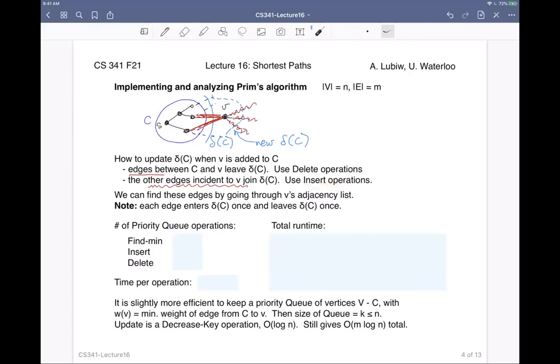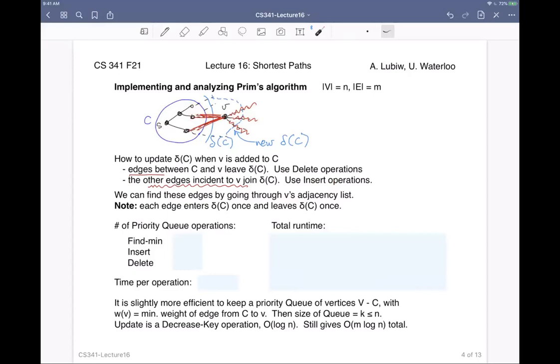Now, how do I find all of these edges, these ones and these ones? What I do is go through V's adjacency list, because every edge incident to V either leaves the boundary set or joins the boundary set. And how do I know which? I know by testing the other endpoint to see, is it currently in the set C or not?